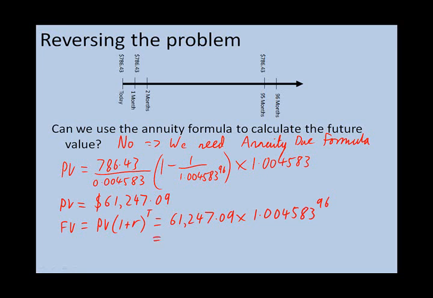And when I do that calculation, I get $95,030.